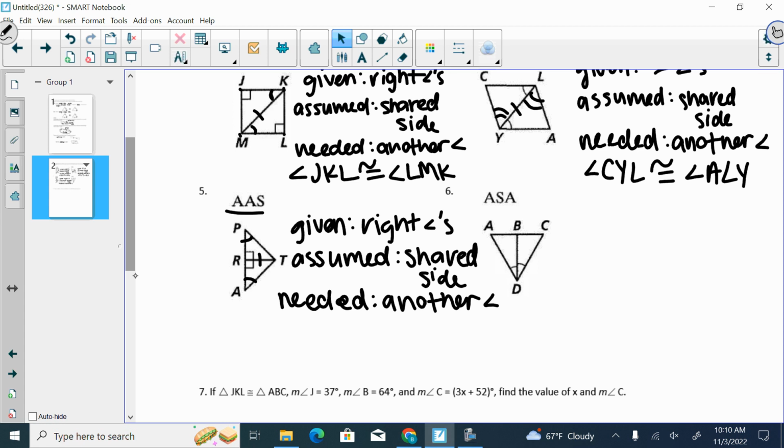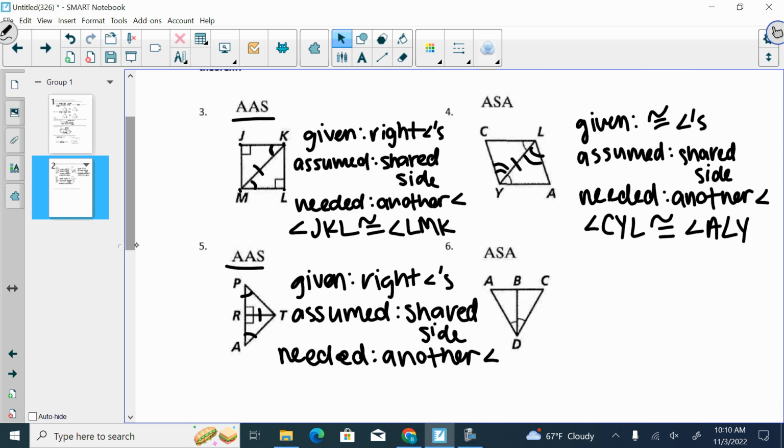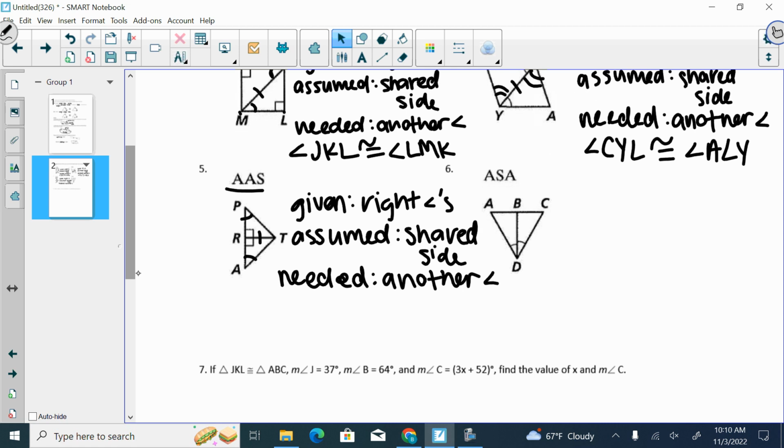Now in this case, you actually could name those angles with just one letter because they're the only ones that exist there. We couldn't do that up here because there were 2 angles at M and 2 angles at K. But since these are the only ones at P and A, you can just name them angle P and angle A are what need to be congruent. All right.